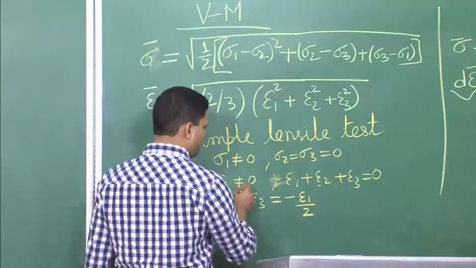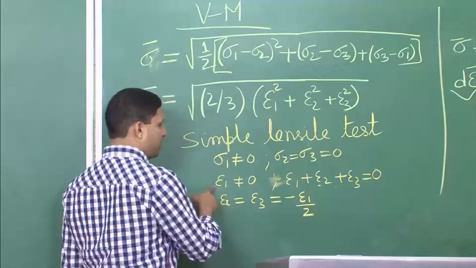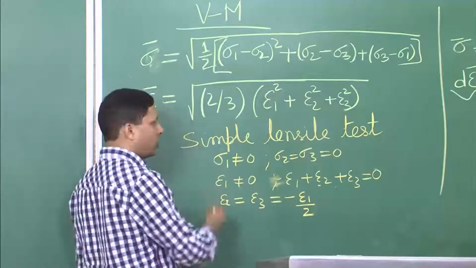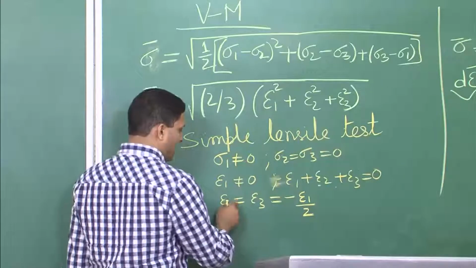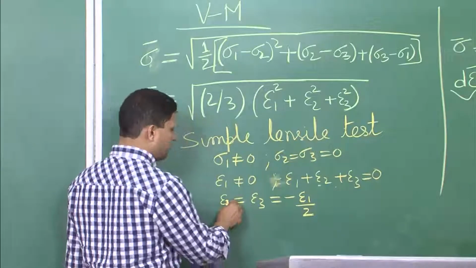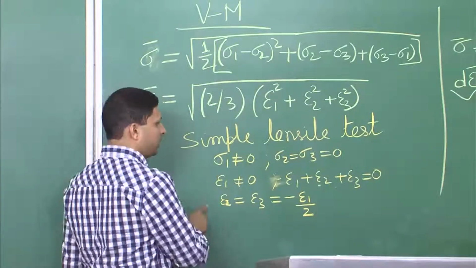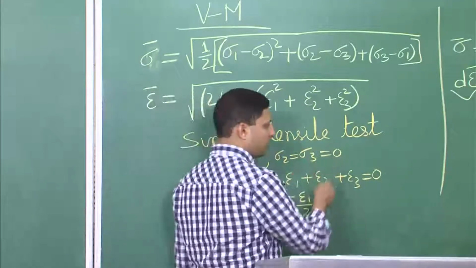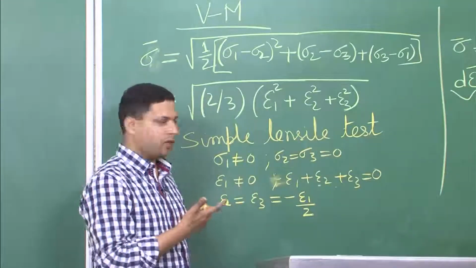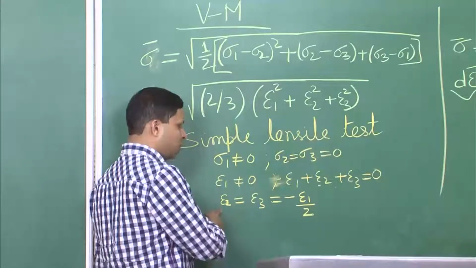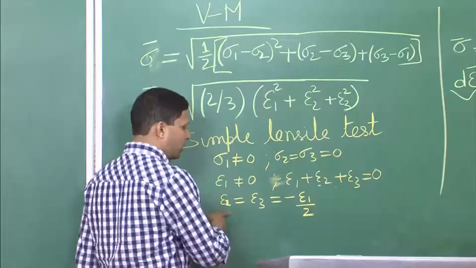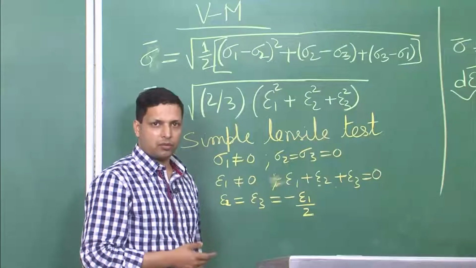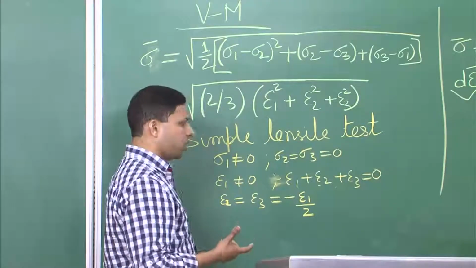If you have these two conditions, because we have the primary strain along the direction in which you are applying stress, in the other two directions there is strain because of the non compressibility. Remember, in a simple tensile test sigma 2 and sigma 3, which are the stresses in the perpendicular directions, are 0, but not the strains in the other two directions. There is still some strain, because the material cannot get compressed.